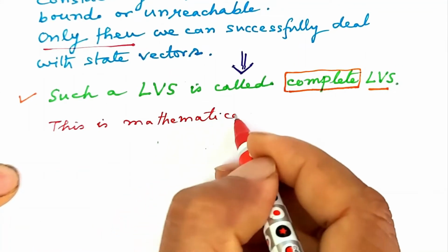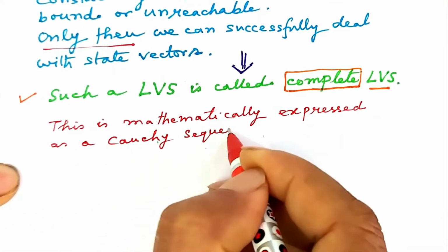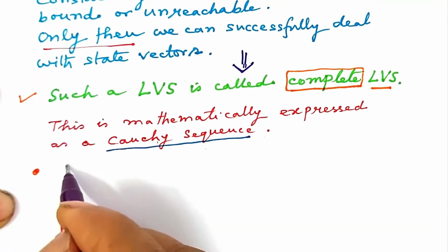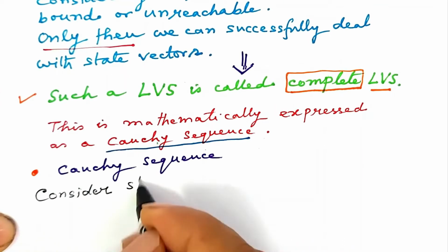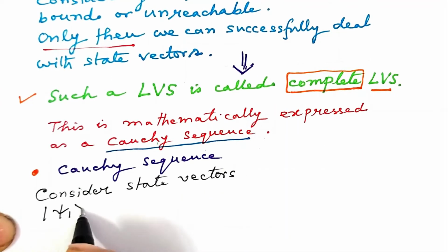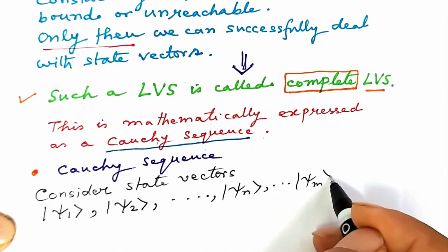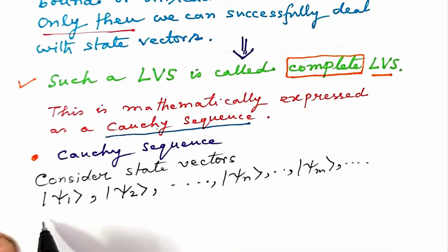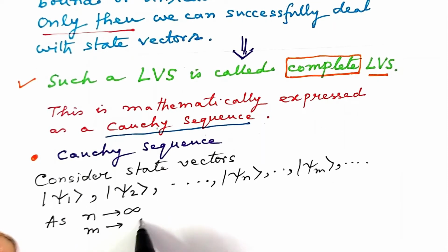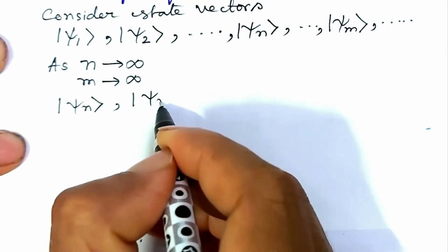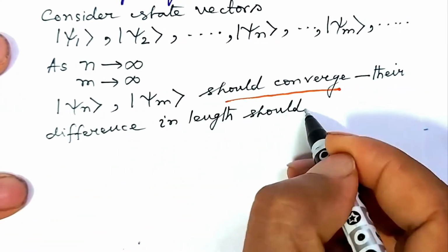The criteria is mathematically expressed in the works of Cauchy and is referred to as Cauchy sequence. Let us just mention Cauchy sequence. Consider state vectors ket psi 1, ket psi 2, ket psi n, ket psi m, and so on and so forth. As n tending to infinity, m tending to infinity, ket psi n and ket psi m should converge and the difference in length should shrink to 0.